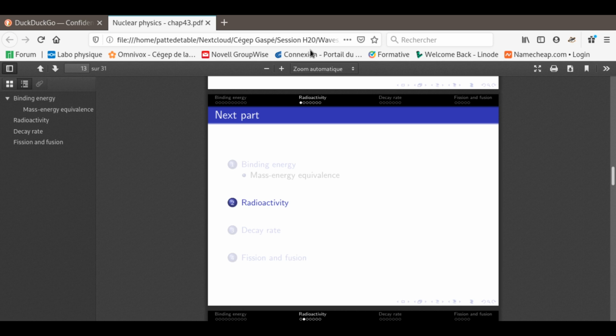So this decay will take the form of radioactivity, of which we'll study a total of 4 different forms. And unlike what is shown here, I won't directly go into decay rate. We'll jump over it and take a quick look at fission and fusion, the 2 main types of nuclear reaction. So for today's class, I expect it to last for about an hour.